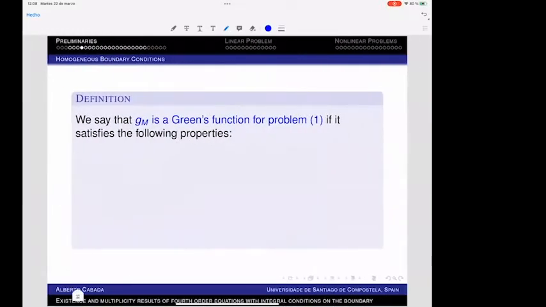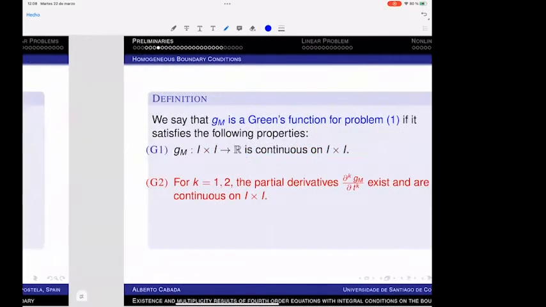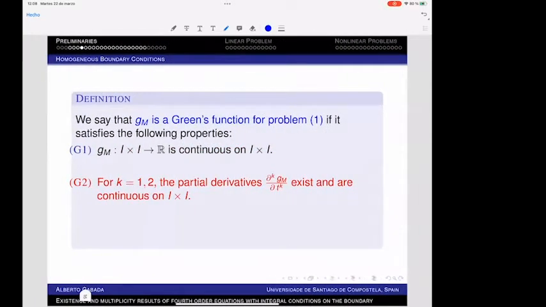Okay, so let me recall what we understand by a Green function. Remember that we have a function which is defined in a square, M times R, and is continuous, and in this case just the first and second derivatives are continuous, right?